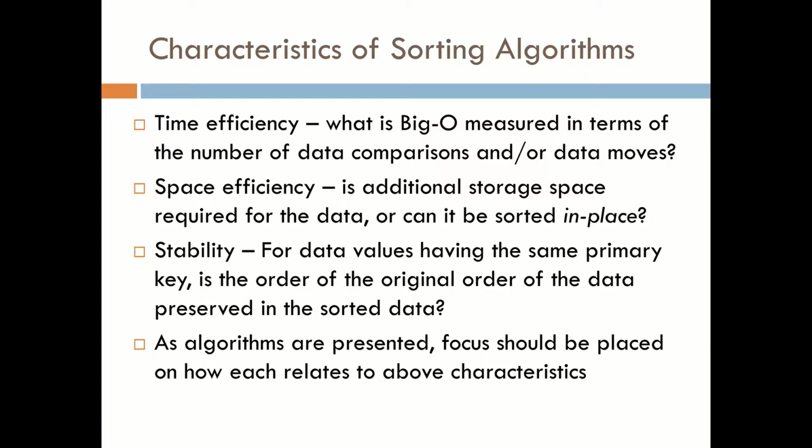We will also take a look at stability. Stability is an important factor if we sort data items by more than one column, if you will. For instance, if we have people's names broken out into first names and last names, and we want to sort that data, we need to do so by picking a stable sorting algorithm.